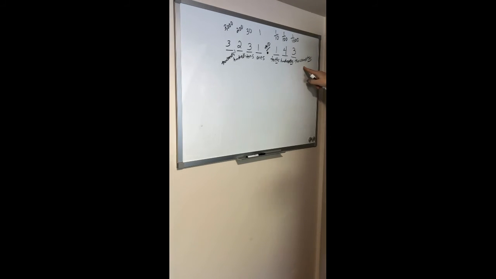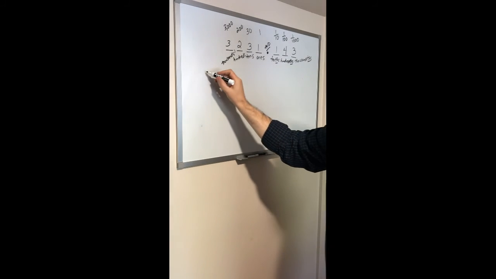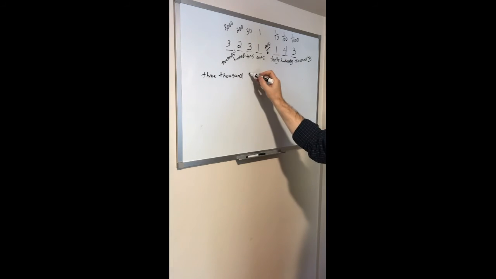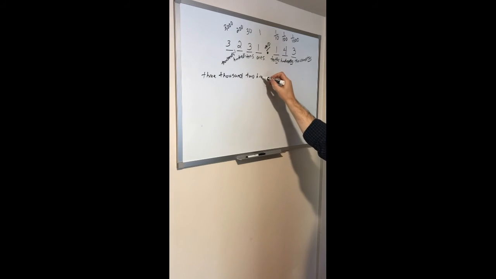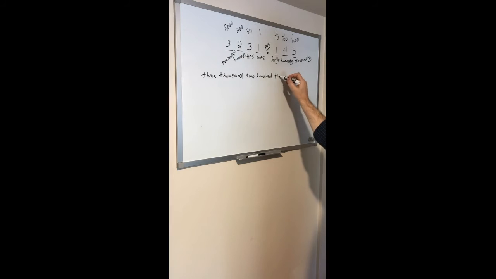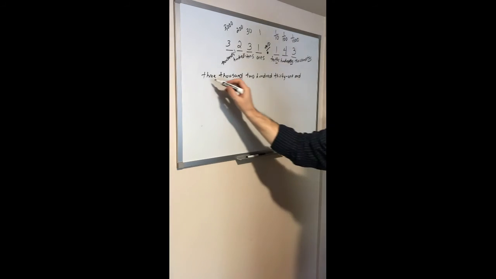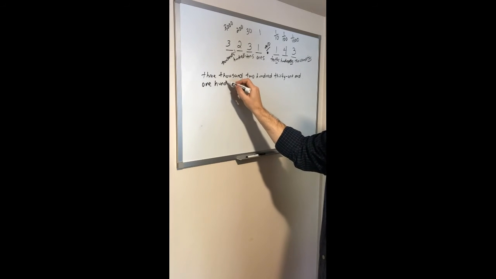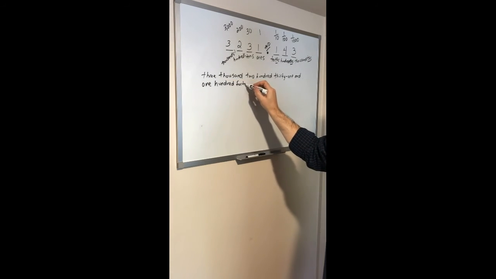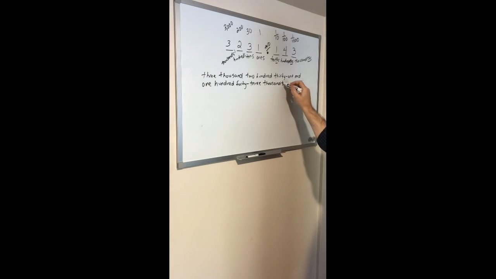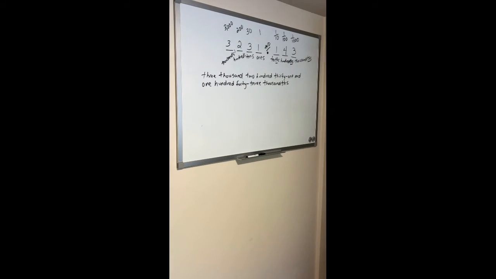This number in written form, you don't have to write this, is 3,231 and 143 thousandths. So that is written form.